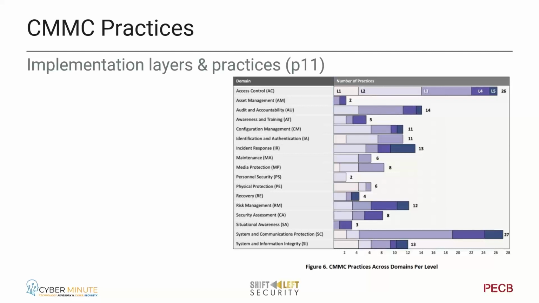What is also very different from, for example, the CIS critical controls or NIST is that they always talk about the TTPs, and it's very important that you really study them. These are the tactics, techniques, and procedures used in MITRE ATT&CK.